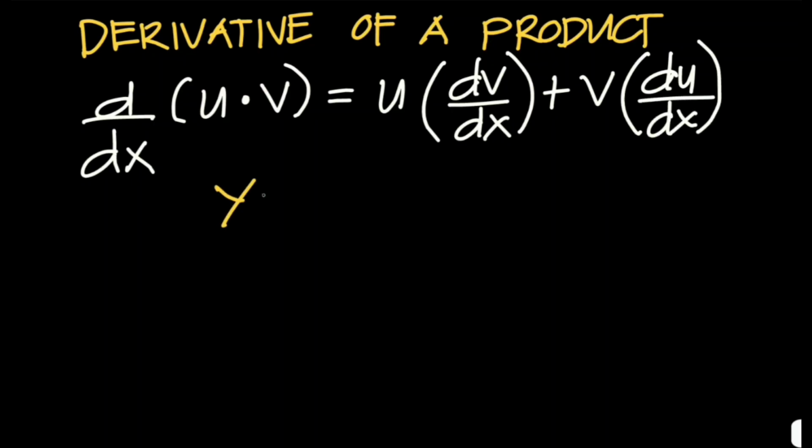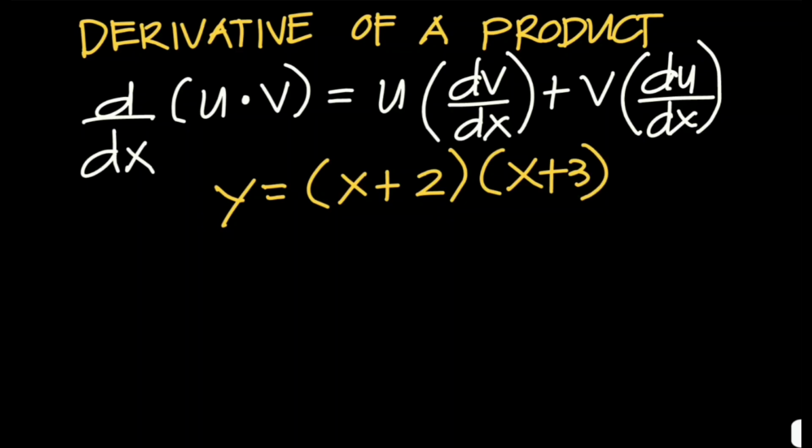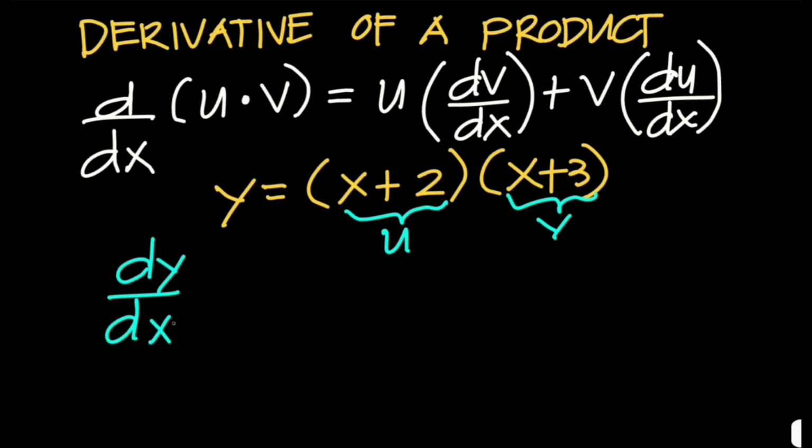So let's say we're given this function y equals x plus 2 times x plus 3. Let's say x plus 2 here is our u and x plus 3 is v. Now we get the derivative of function y with respect to x. The formula in finding the derivative of the product is u derivative of v plus v derivative of u.